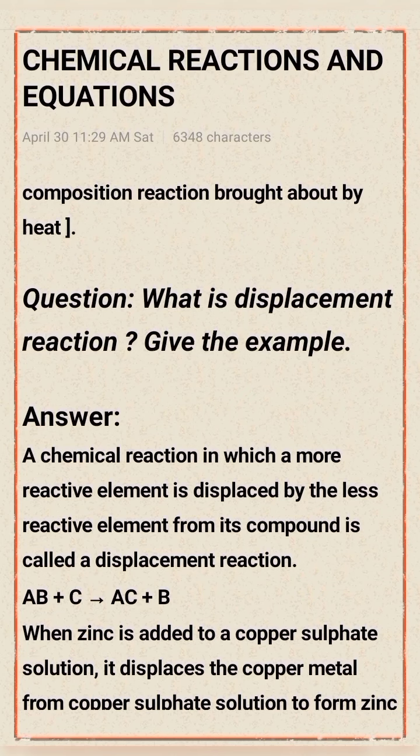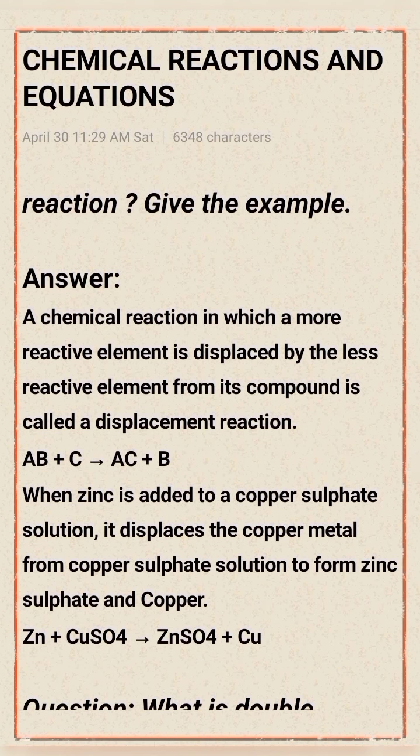That is AB plus C, product formation AC plus B. For example, when zinc is added to a copper sulphate solution, it displaces the copper metal from the copper sulphate solution to form zinc sulphate and copper. That is Zn plus CuSO4 form ZnSO4 plus Cu. Zn means zinc, CuSO4 means copper sulphate, form ZnSO4 zinc sulphate plus Cu means copper.